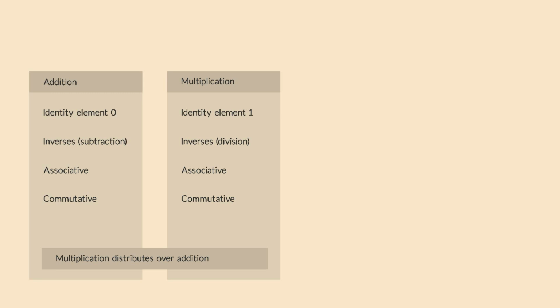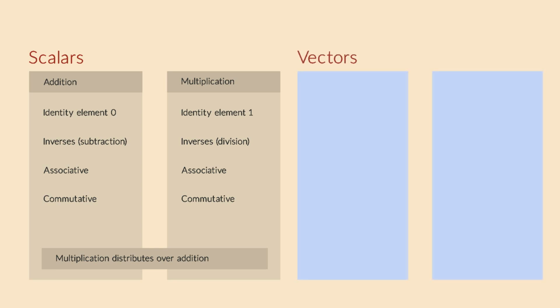So we start from a field, such as the real numbers, which we now call scalars. Next to it, we put a second set of elements that we will call vectors. We already have the two binary operations on scalars, addition and multiplication. On top of that, we introduce two new binary operations.